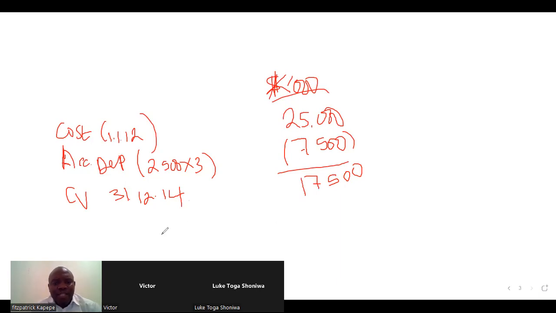Okay. So meaning that the depreciation here on 31st December 2015, what would be the depreciation?